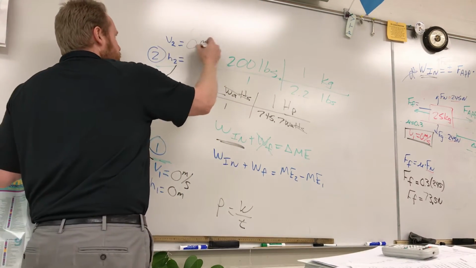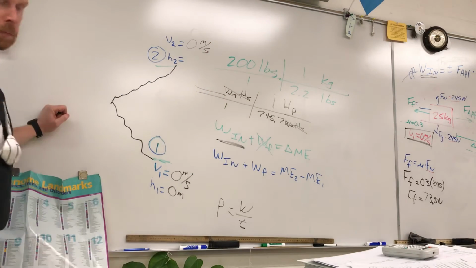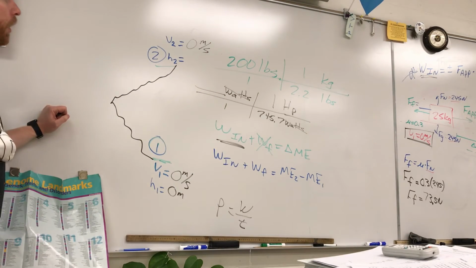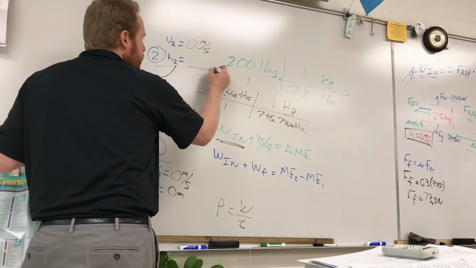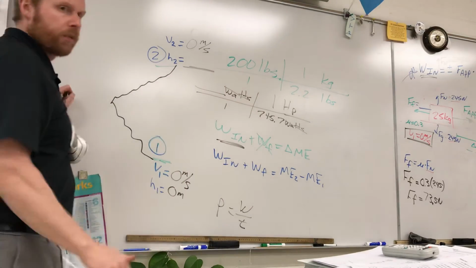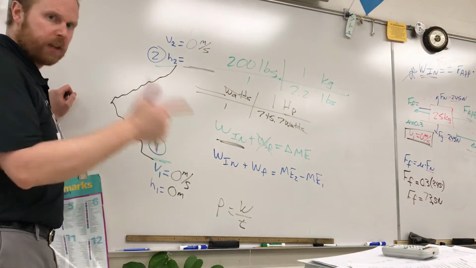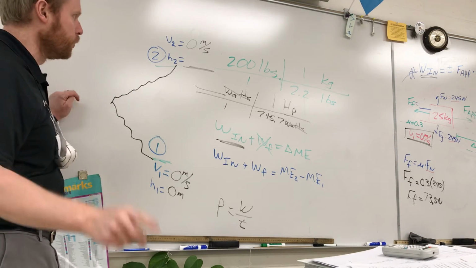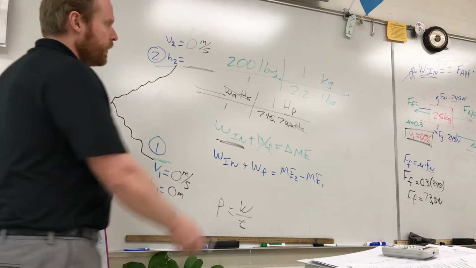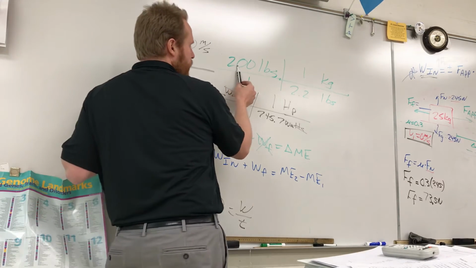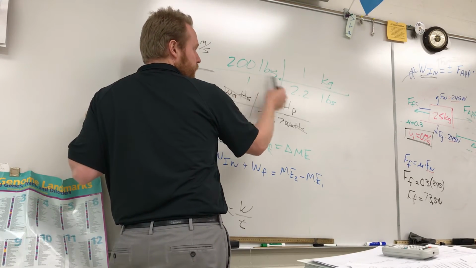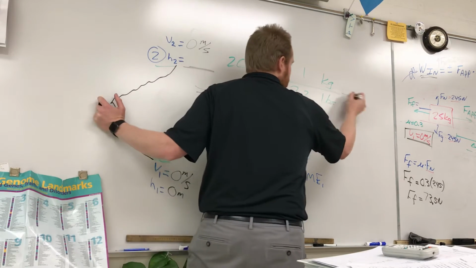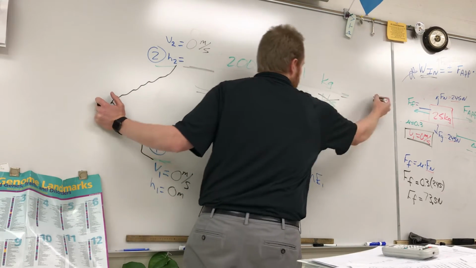Therefore, your V2 is also going to be 0. This H2 is what you're going to get from your number of stairs times the height of each stair. That's going to be specific to you. This is just an example of if I was 200 pounds, I would take this just like we did in chemistry and divide by 2.2 to give me my number in kilograms.